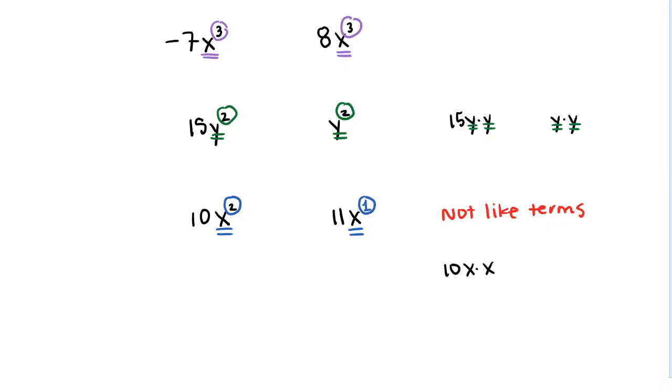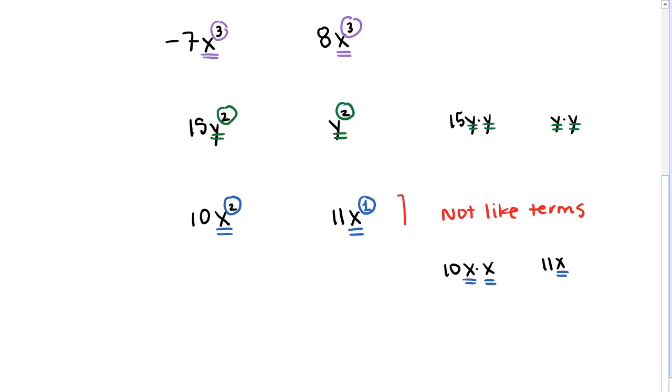There are 2 factors of this variable x, whereas in the other term we have 11x, and there's only 1 factor. So they don't have identical variable factors. The variables are the same, but because the exponents on those variables are not the same, these are not like terms.